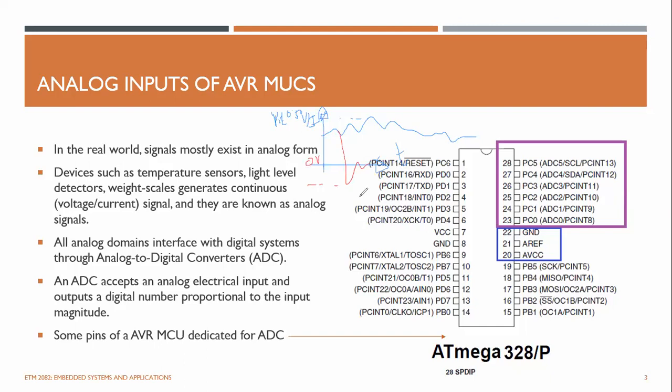You should not let it go below -0.5 volt. Otherwise, the port pin will be damaged. So you need to know the characteristics of your analog signal, and then you can couple it to the analog channel. If the voltage is too much, you can use resistor dividers.